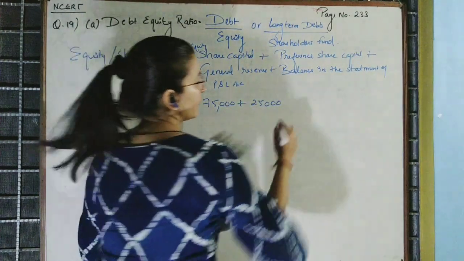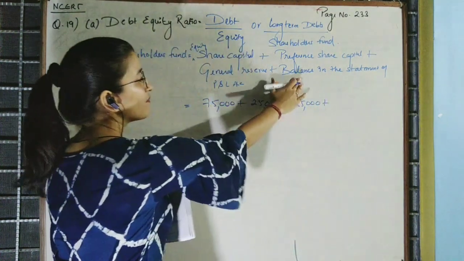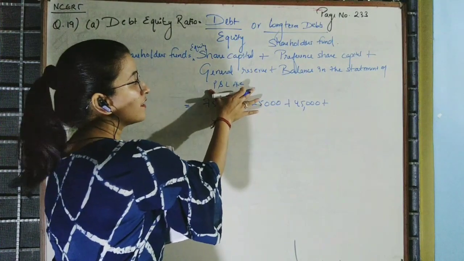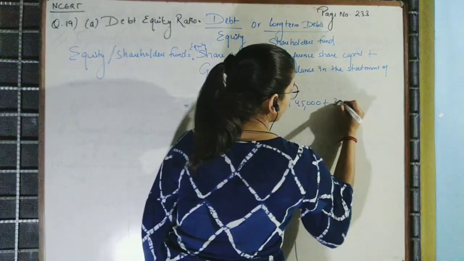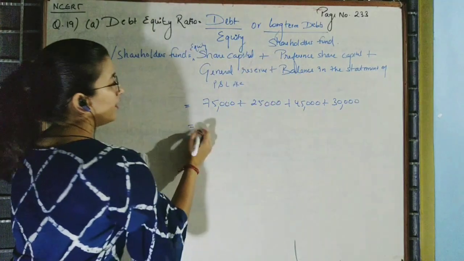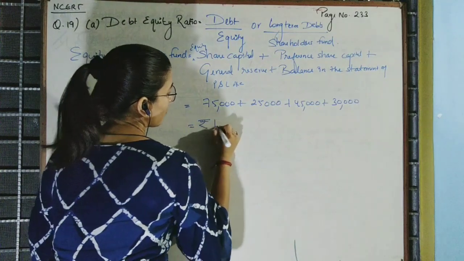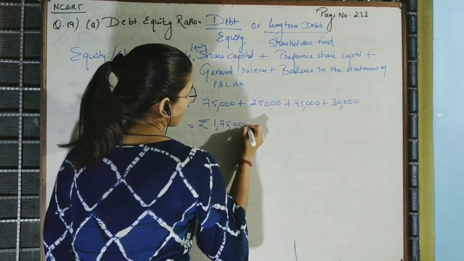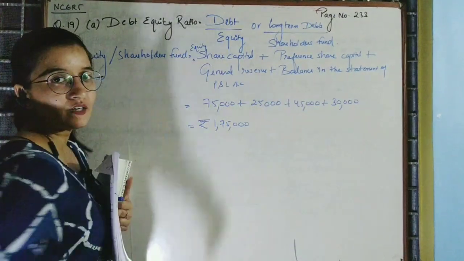General reserve is 45,000. And balance in statement of P&L account, which is also considered as accumulated profit, amount is 30,000. Now by adding all these amounts, we will get the amount rupees 1,75,000. So this is the amount of shareholders fund.